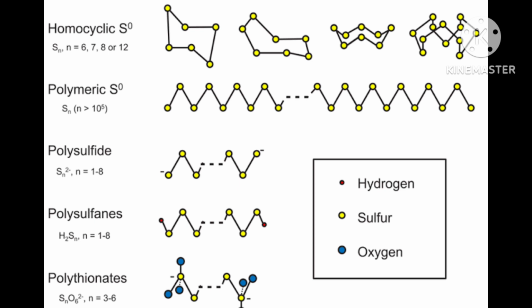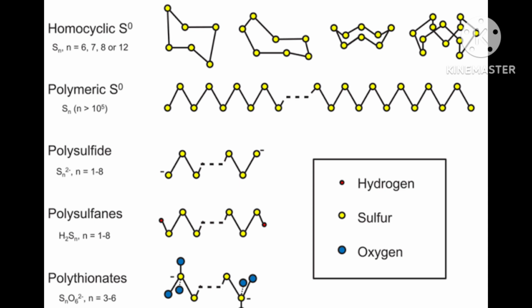Now next I am talking about the next properties. When sulfur dioxide is moist, at that time it behaves as a reducing agent. Okay, means it can supply the electron.